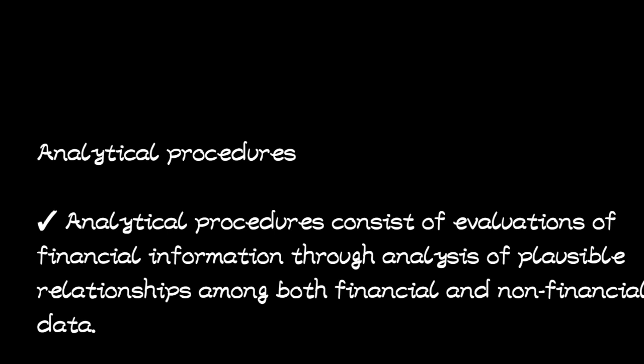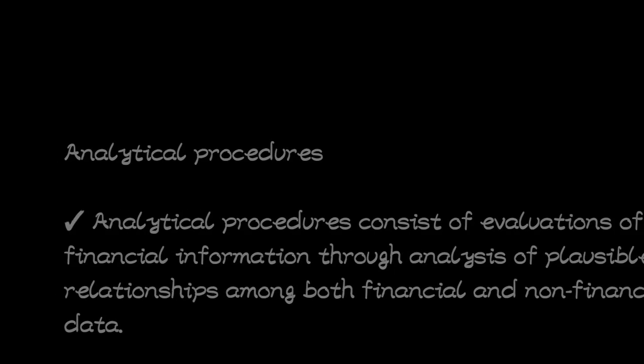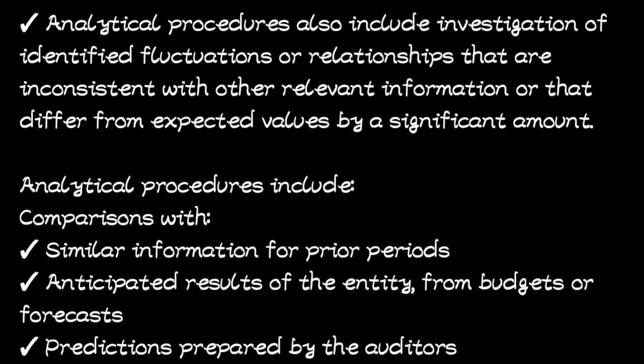The non-financial can be a budget. Under analytical procedures, it's where we find the financial ratios. Analytical procedures include investigation of identified fluctuations or relationships that are inconsistent with other relevant information or that differ from the expected values.